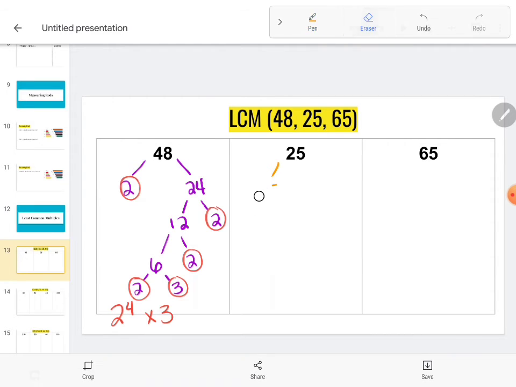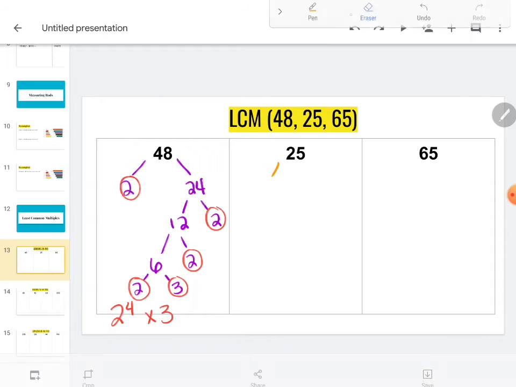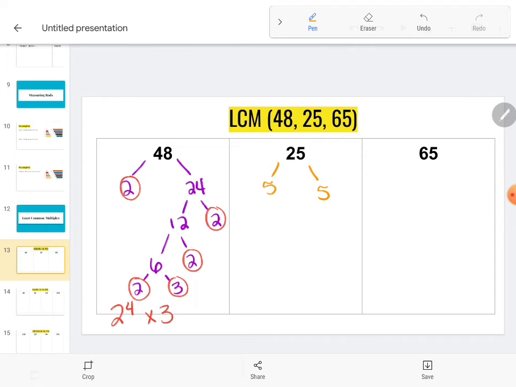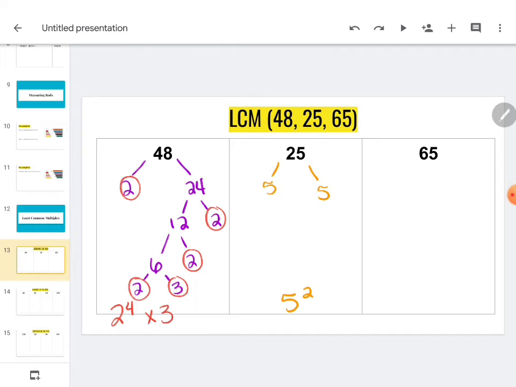And once we divide it by 5, we'll notice we actually get another 5. And the funny thing about this, you cannot break down either 5. So your solution for this problem is going to be 5 times 5, or 5 to the 2nd power.